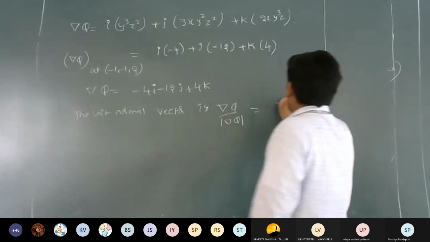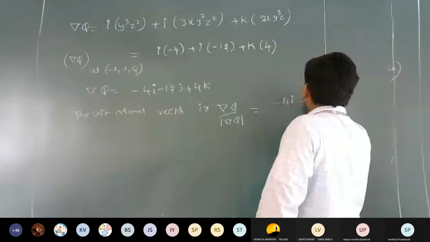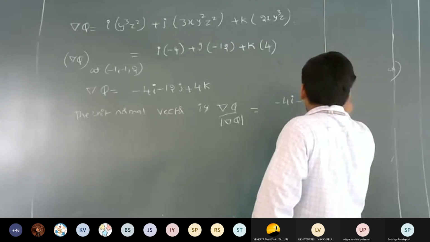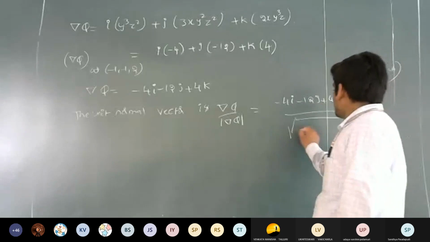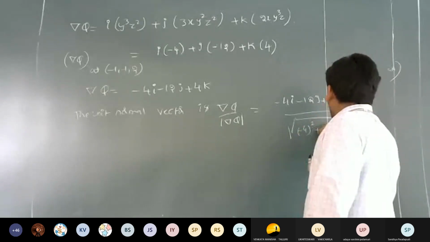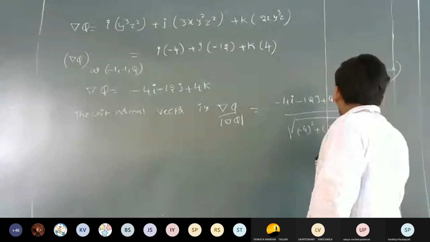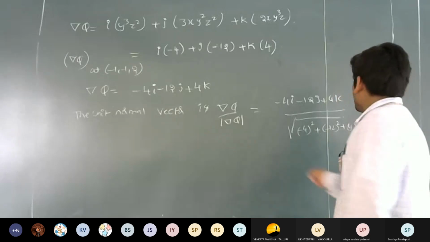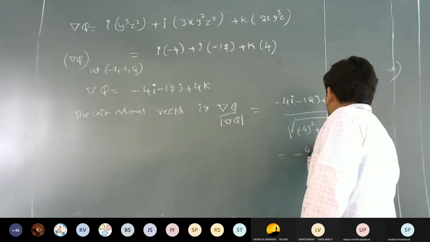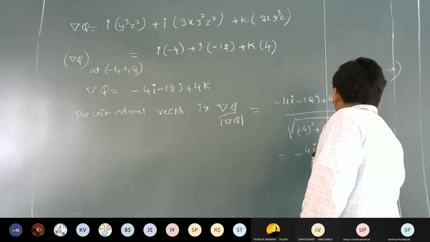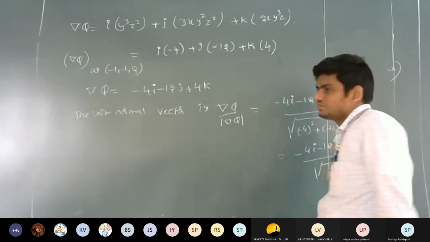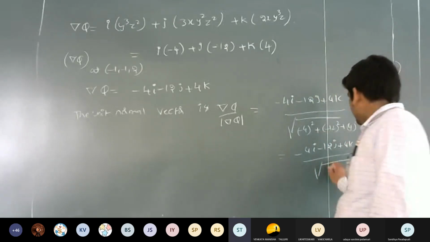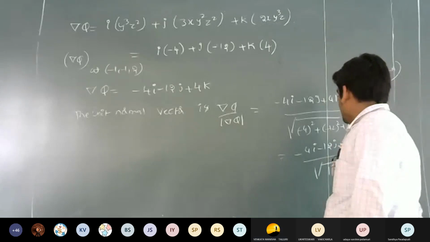So that is -4i minus 12j plus 4k by the magnitude. So this is -4 square plus -12 square plus 4 square. That is equal to minus 4i minus 12j plus 4k by what is the denominator value? 176. Yeah.